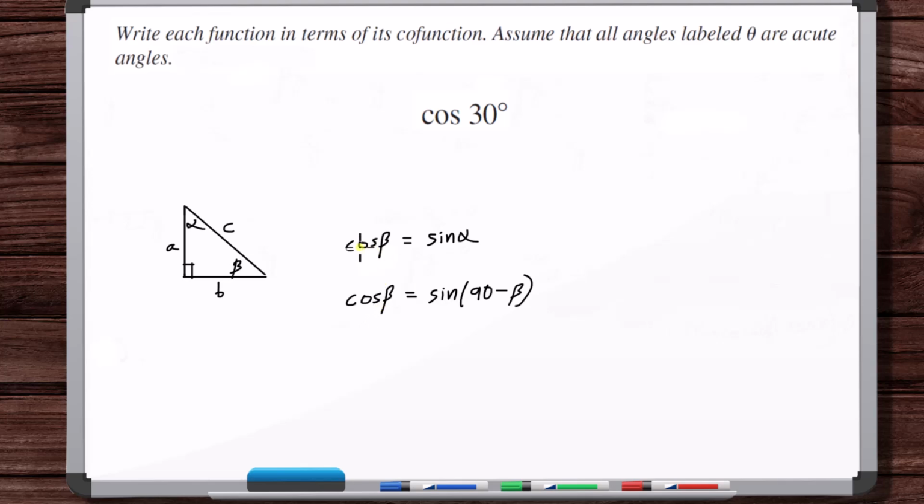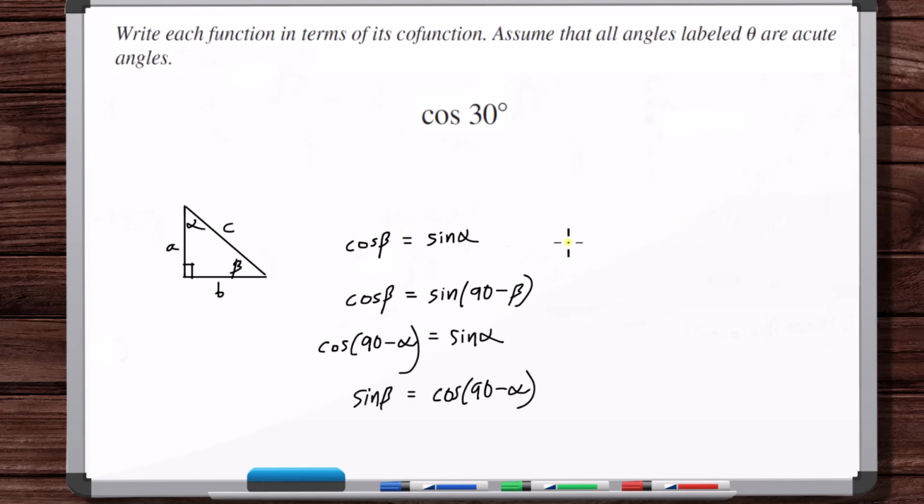You could say cosine of 90 minus alpha is equal to sine of alpha. Or if you wanted to do sine of beta, then you could say that's cosine of 90 minus alpha. You could do it however you want. And so because it works this way with cosine and sine, these are called cofunction pairs.